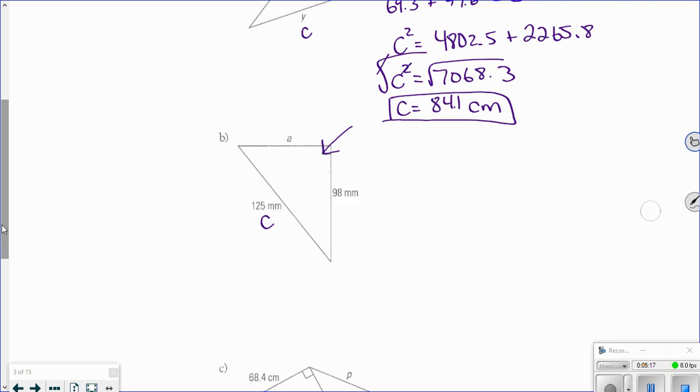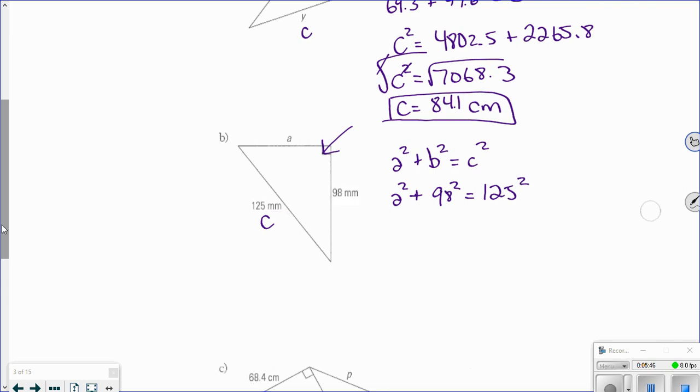It starts the same way though. a squared plus b squared equals c squared, which means a squared plus 125 squared. Oh, sorry, that has to be our hypotenuse, our c side. So the 98 squared equals 125 squared.